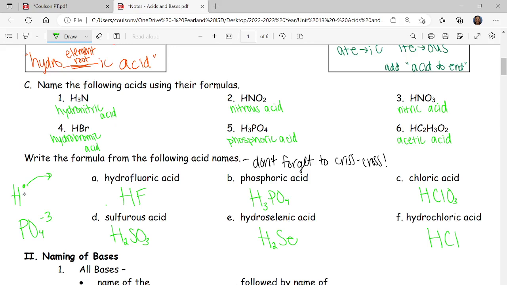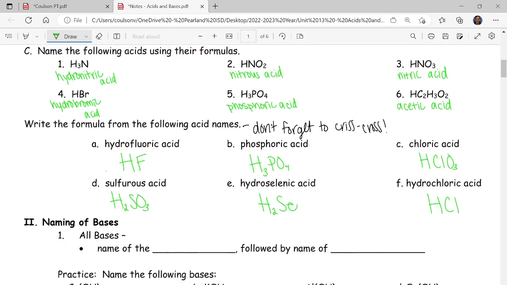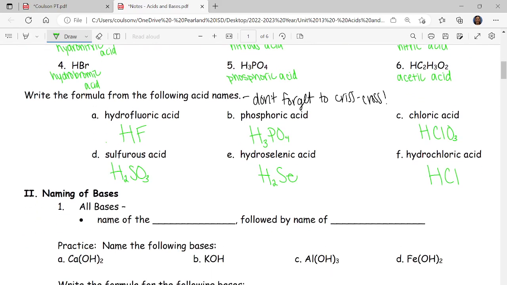So if I have this that wants to lose 1, I would need 3 hydrogens to get it to gain 3. So we can use the crisscross shortcut to figure out the subscripts that we need. This is the same way we've made any ionic compounds all year long. Okay. I'm going to cut off this video here and then move on to bases in the next one.